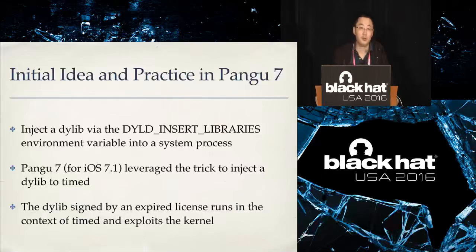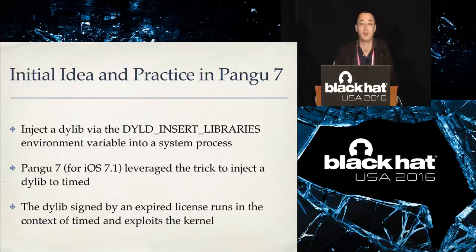In order to run code after sandbox, our initial idea in Pangu 7 is, if we are able to set this kind of environment variable called DYLD_INSERT_LIBRARIES, somehow we are able to insert our own dynamic library into a system process if we are able to launch that program. This environment variable is very similar to LD_PRELOAD on Linux.